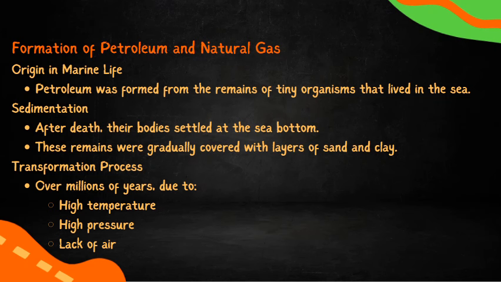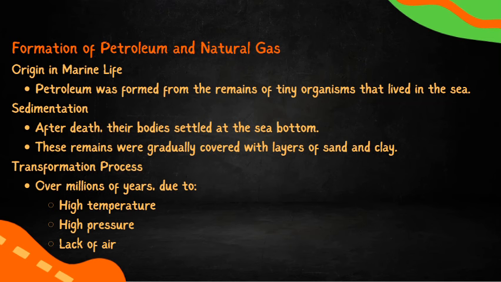Now, how were petroleum and natural gas formed? They were formed from the remains of tiny organisms that live in the sea. After death, their bodies settled down at the bottom and eventually got covered with layers of sand and clay.